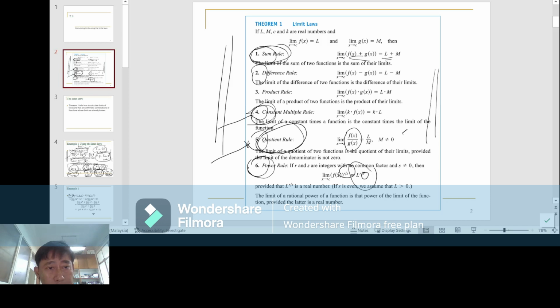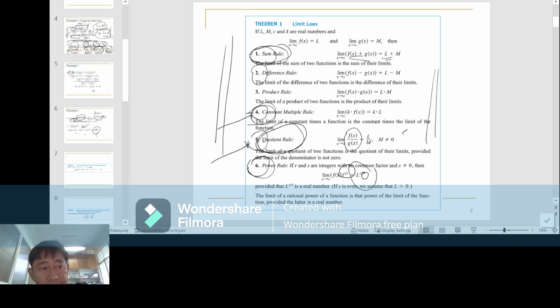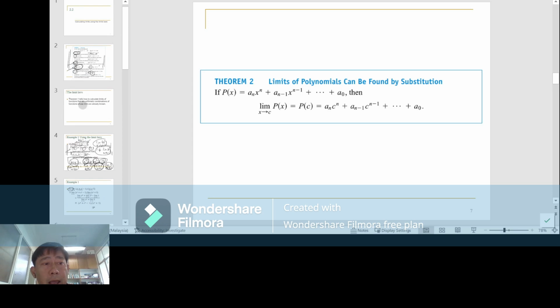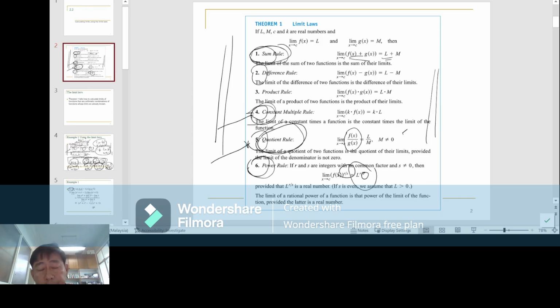Theorem 1 is a tool that expresses the limit of h in terms of the limits of f and g, whereas theorem 2 is a different type of tool. Theorem 2 and theorem 1 are actually very much related.